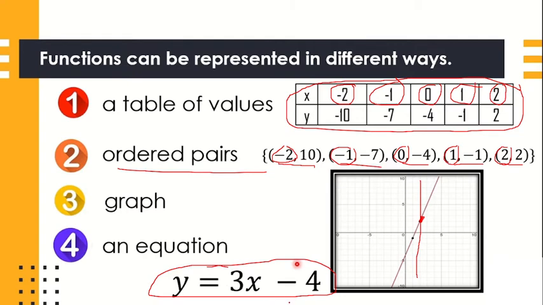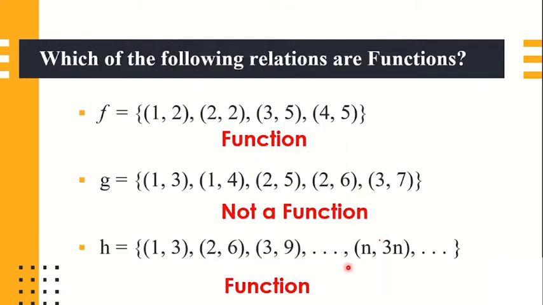Its graph is a line, and the degree is 1. Using the Desmos calculator, the graph of 3x minus 4 is a line.